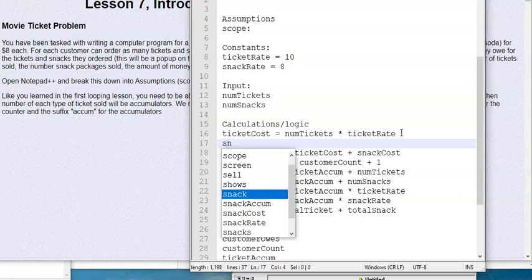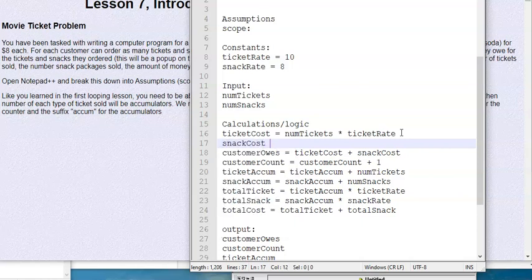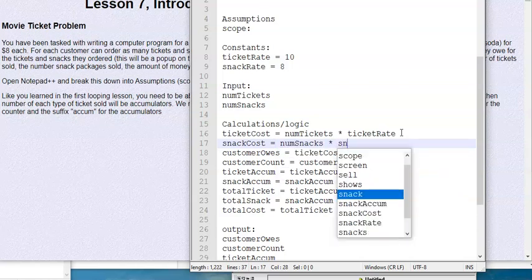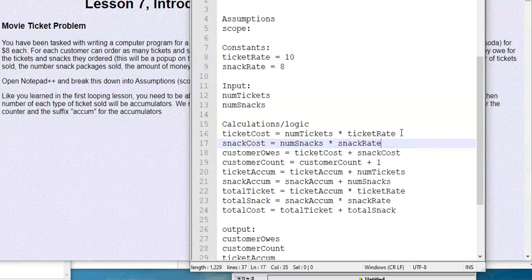So what is snack cost? Snack cost is simply going to be the num snacks times the snack rate. Now we've done math similar to that before, but see, we're using the accumulator here. This is the math we're going to do for each customer. And this math down here, we're actually going to do outside the loop later on, but we need to get there first. So right now, I have covered absolutely everything.